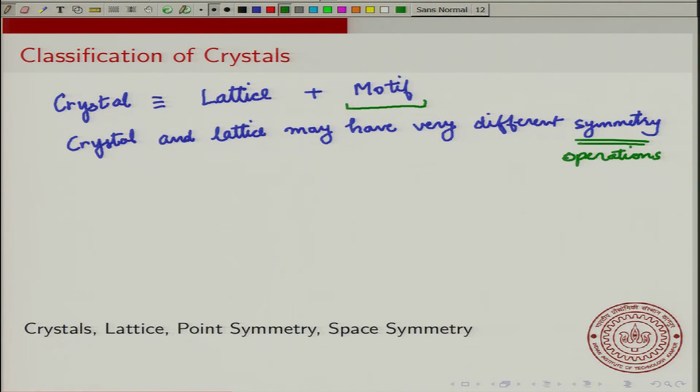Now, with this idea, what we realize is that the way we classify symmetry depends on whether we are looking at the lattice, the motif, or the entire crystal. Now, we can alternatively think of the crystal in a slightly different way. A crystal consists of an asymmetric unit plus a space group.